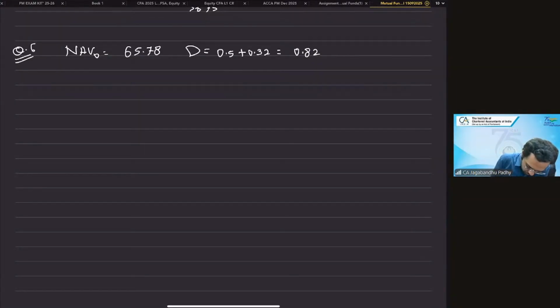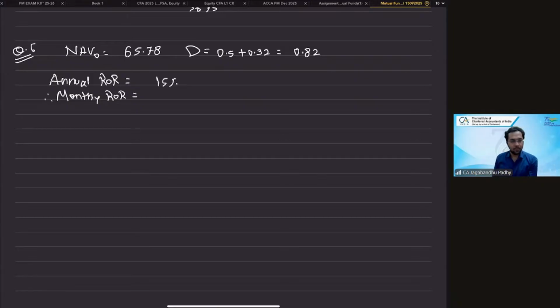Now, the annual rate of return is given to us as 15%. Can you tell me what will be the monthly rate of return? If your annual return is 15%, what will be the monthly rate of return? 15% divided by 12, which is 1.25%.